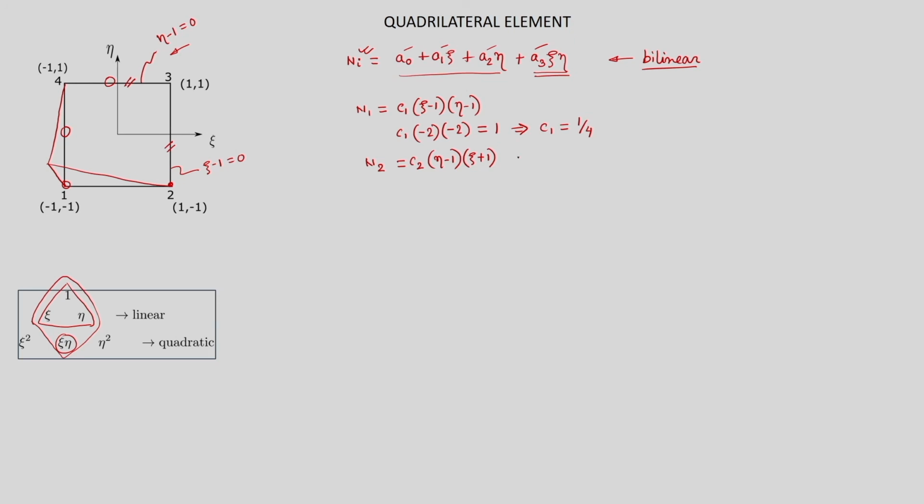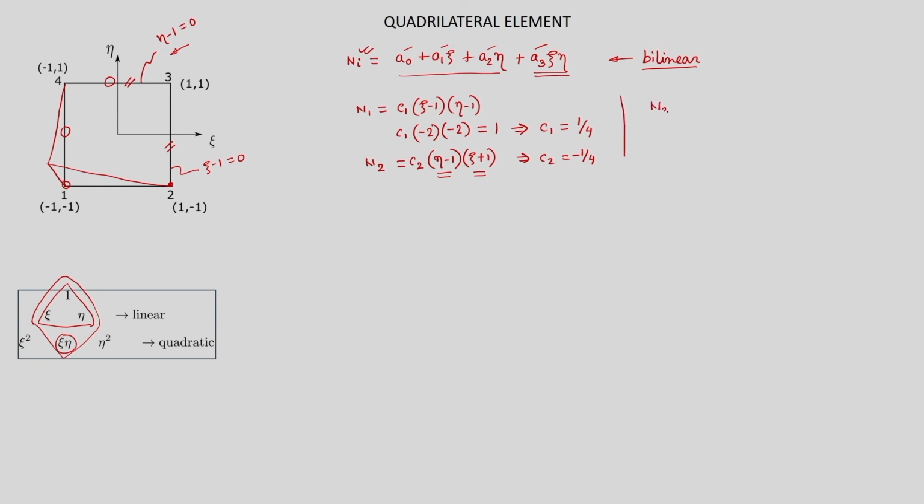Similarly, if we put xi as 1 and eta as minus 1, this will yield minus 2 and this will yield 2, so C2 is minus 1 by 4. Similarly we can construct the other 2 shape functions, N3 and N4.